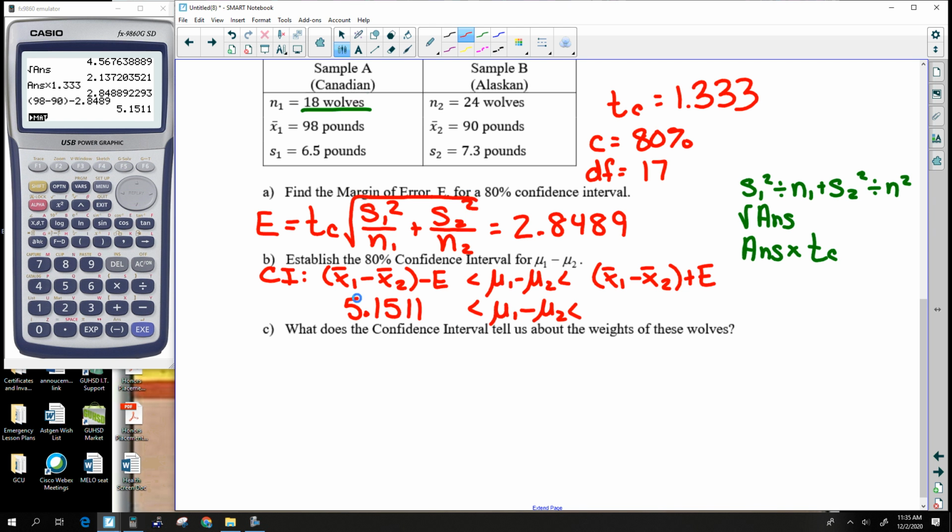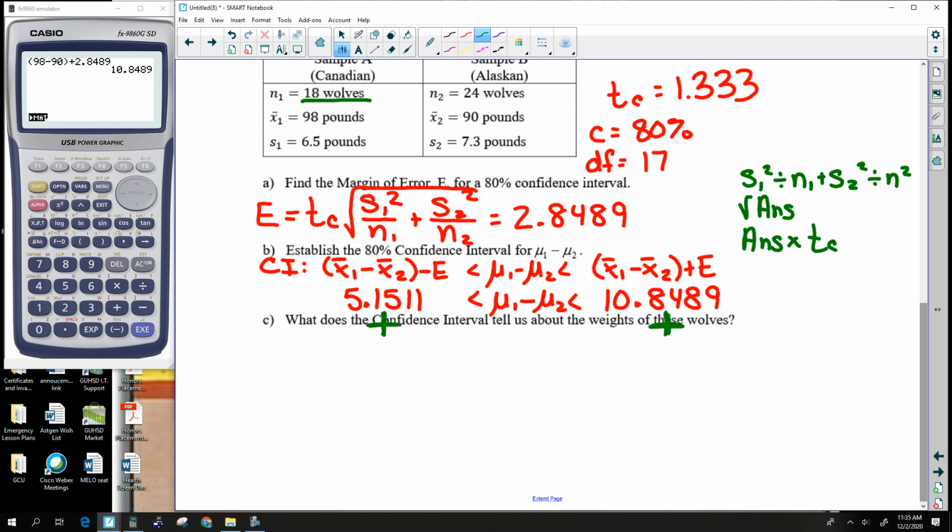And the right-hand side is the same thing, x bar 1 minus x bar 2, but this time it is plus e. Okay, the numbers are important, but actually what's a little bit more important is the fact that the left-hand side is positive and the right-hand side is also positive. So what that means about this middle piece, again, which is mu1 minus mu2, is that it's positive, aka greater than 0. So that means mu1 is greater than mu2.